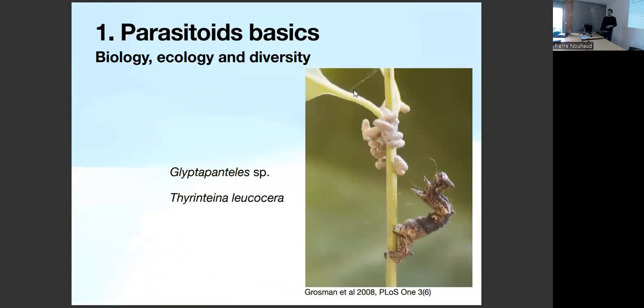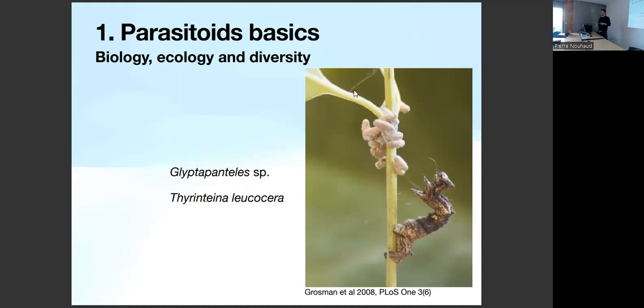Another aspect of parasitoids that's really interesting for me is that they can sometimes manipulate the host behavior. In this example, which I'm showing to you, this is a caterpillar that was parasitized. The parasitoid larvae just left the caterpillar and spun their cocoon there. And the caterpillar is almost dead, but still alive and protecting the cocoons of the parasitoid.